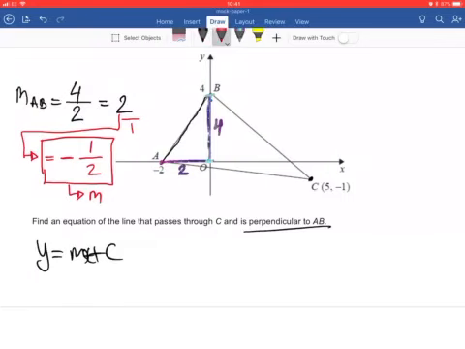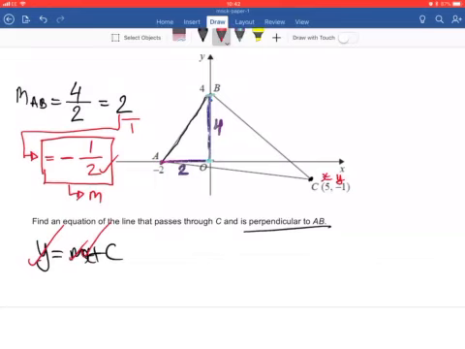Let's see if we've got enough to work it out. Do I have the y? Yes, because I know this perpendicular goes through C. So I've got the y, which is minus 1. Do I have the m? I just worked it out, it's minus a half. And do I have the x? Yes, it's the x coordinate of point C here.